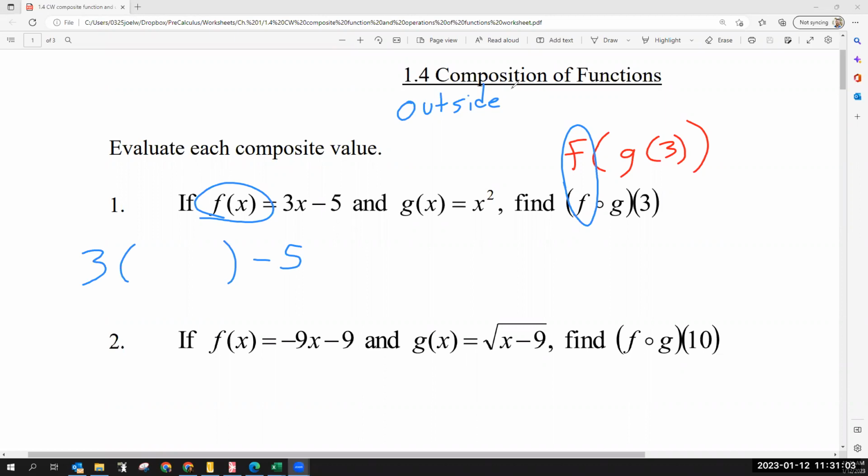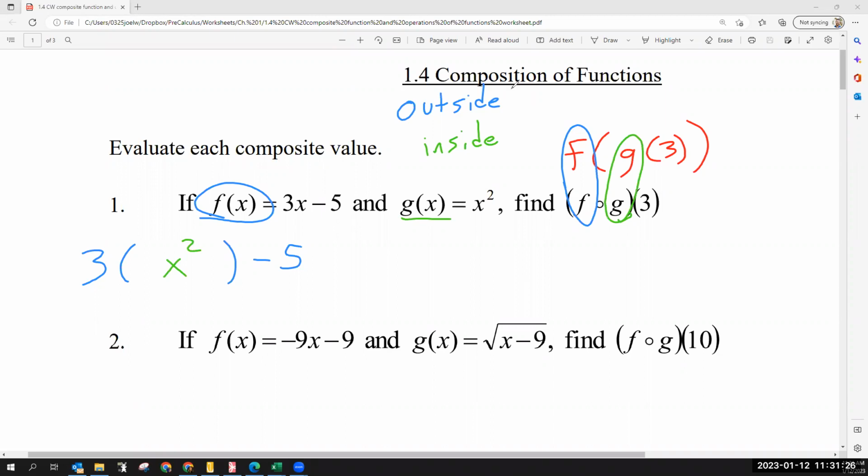Inside of those parentheses is going to be my inside function. So what is my inside function? X squared. Now, two major types of composition we're going to do today.